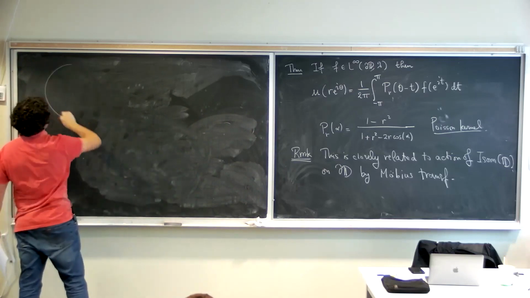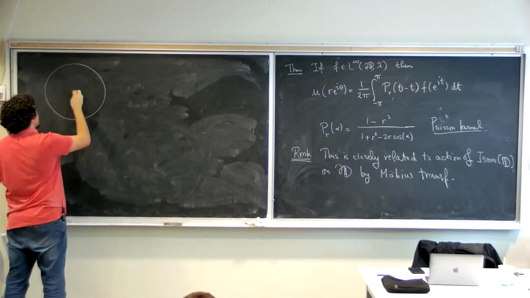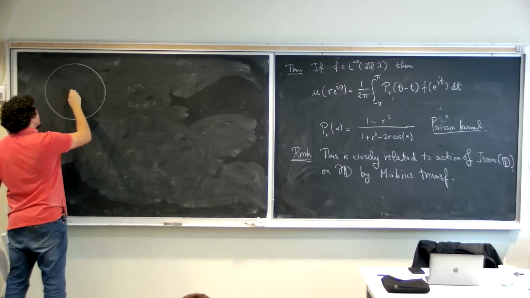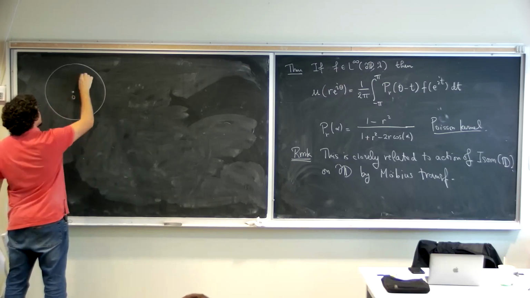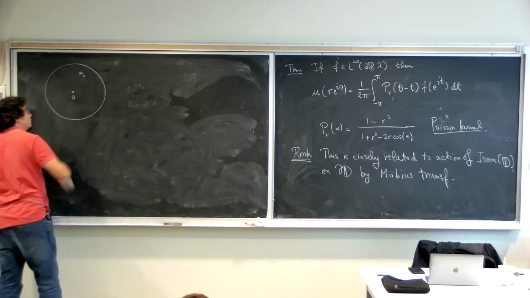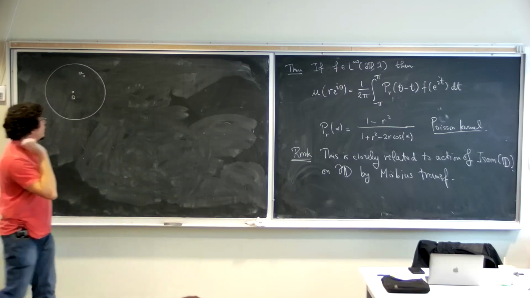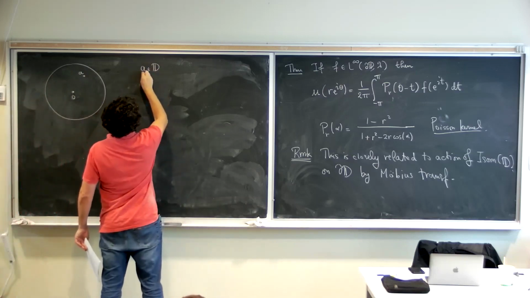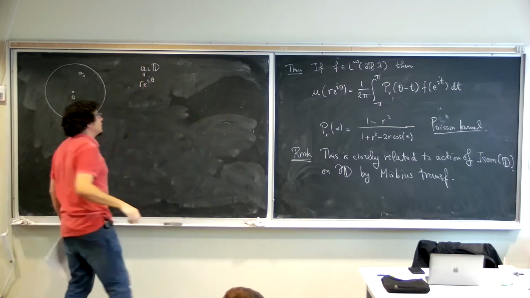So how do we think about it? Let's fix the origin here, and let's pick a point A inside the disk, which we call r e to the i theta.